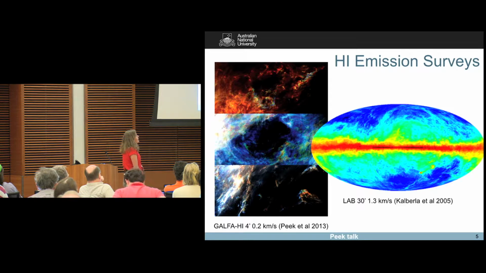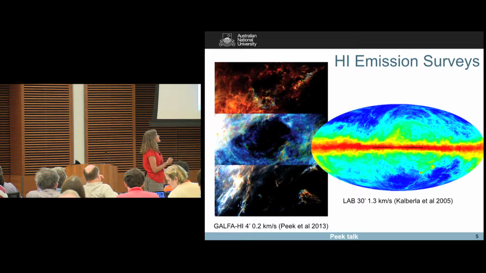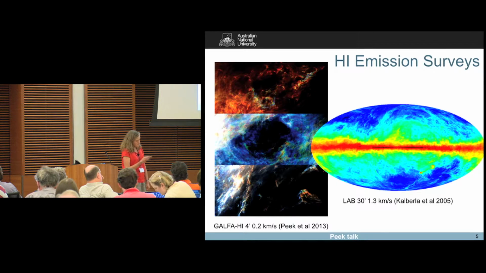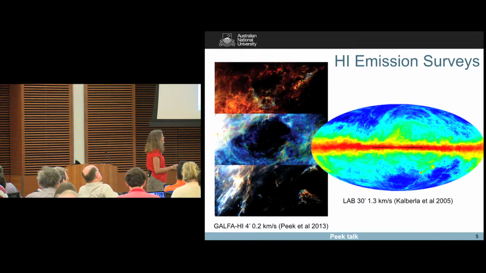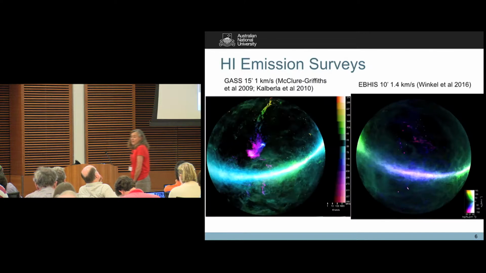So our HI emission surveys have come a long way. We now have surveys like GALFA-HI at a few arc minutes angular resolution and spectacular velocity resolution, producing incredible images like this. The state-of-the-art for a while was the LAB survey at 30 arc minute angular resolution, and that tells us quite a lot as well.